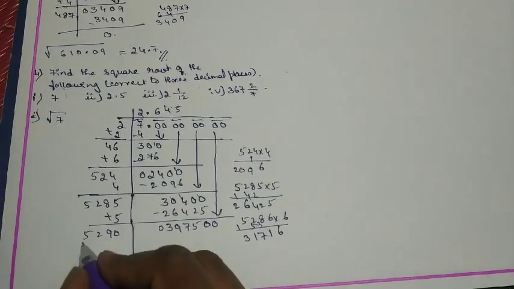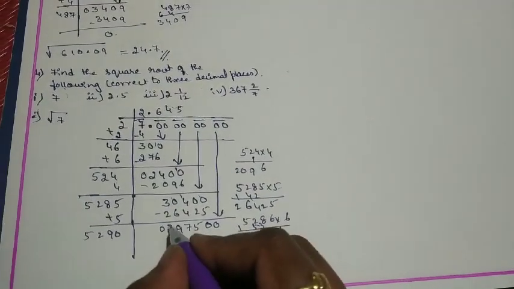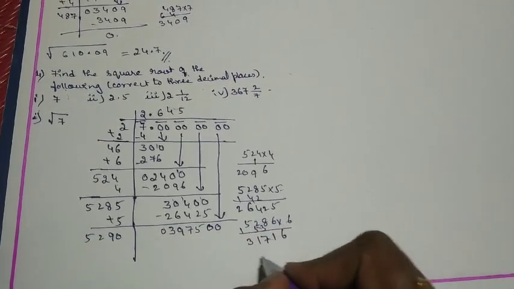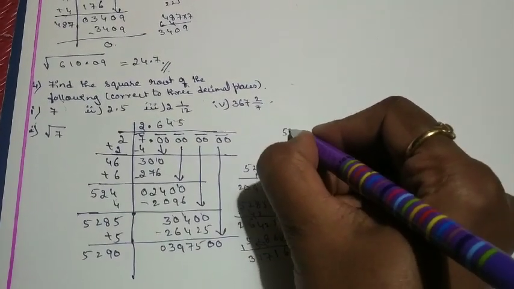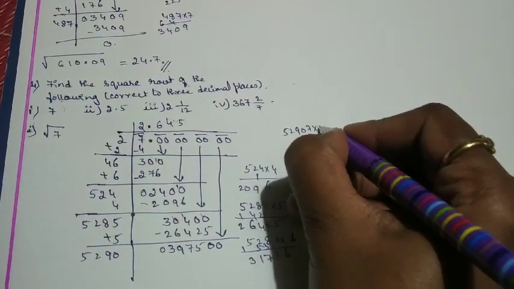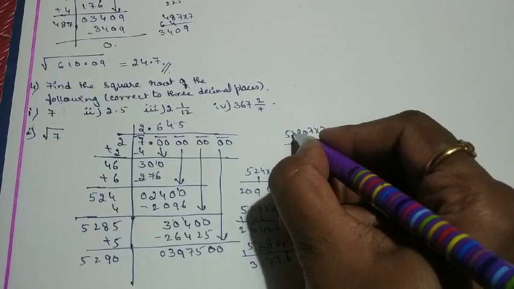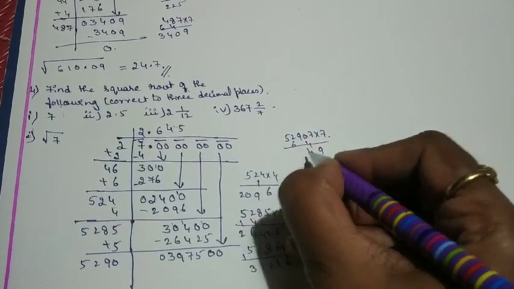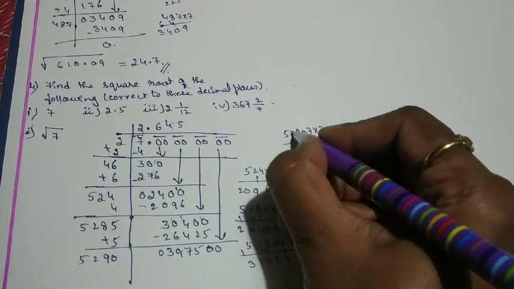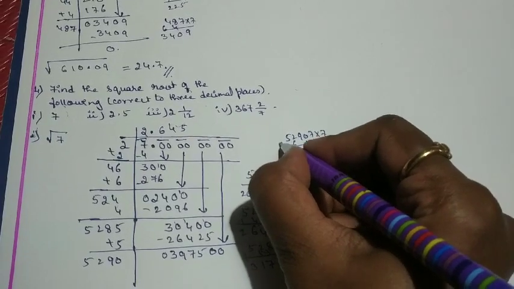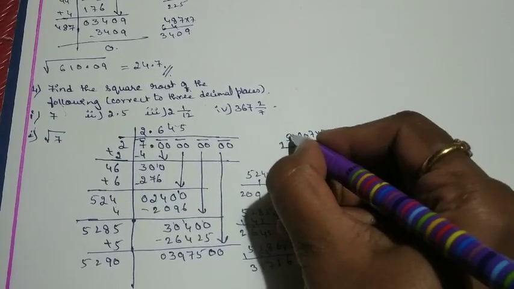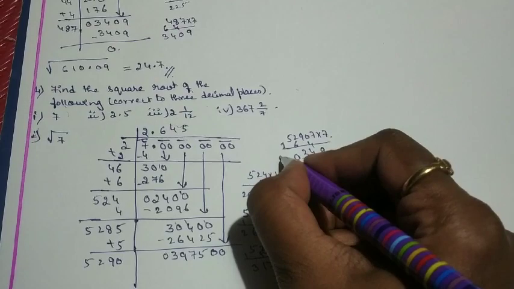Okay. So next, 5 7s are 35. So I'll check with 7 first. 52907 into 7. 7 7s are 49. 4 9 7s are 63. 7 2s are 14. 14 plus 6 is 20. Then 7 5 is 35 plus 2 is 37.